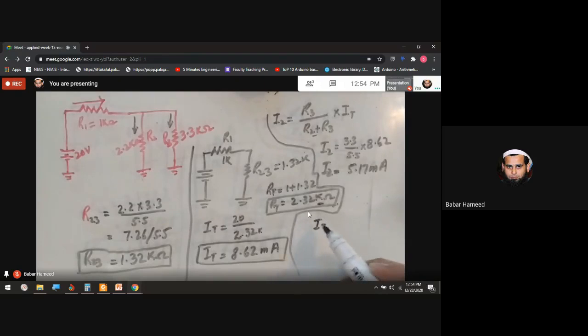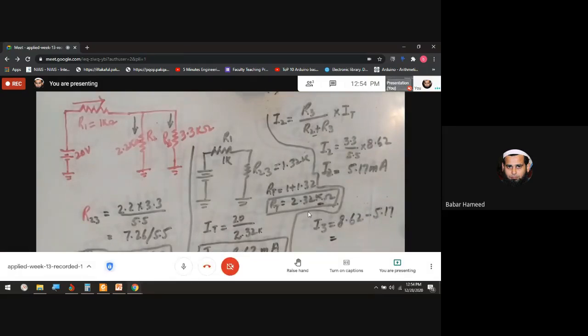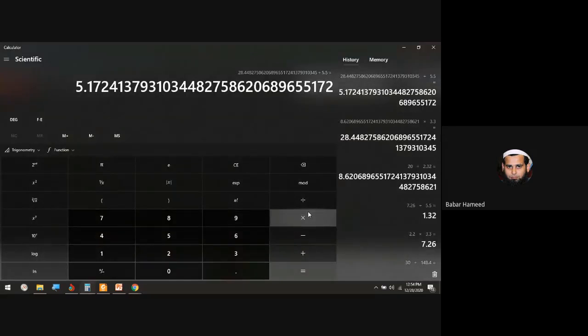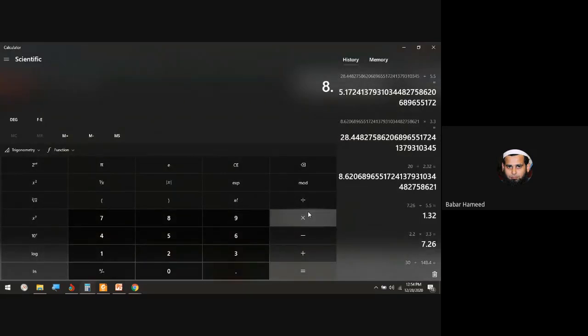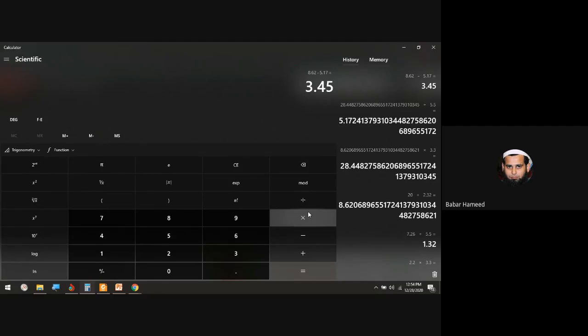So I3 will be equal to 8.62 minus 5.17, and this is only possible if current is dividing in two paths, or it is possible for multiple paths as well, given that only one path current is unknown.